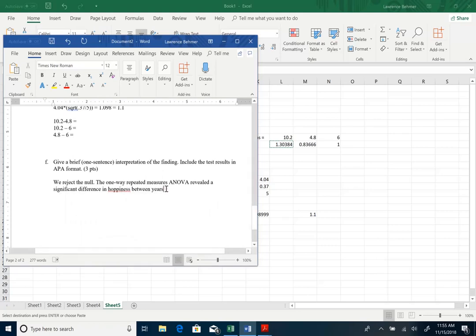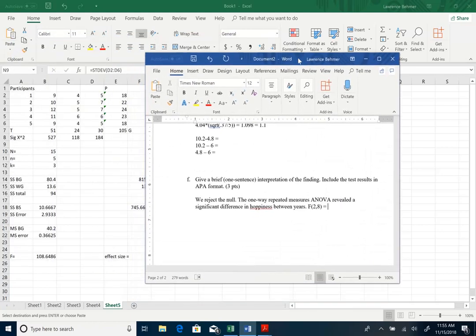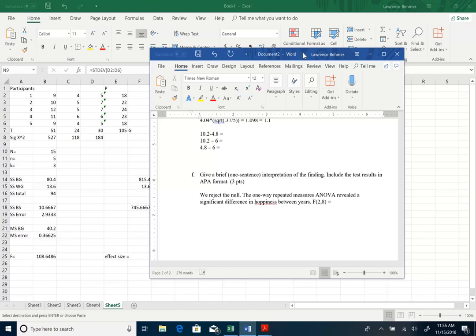Okay, fine. So now we're going to report our F, right? And our degrees of freedom are going to be our between groups term and our error term, right? What was our ridiculous ANOVA that we came up with? 108.65. P certainly less than 0.05.